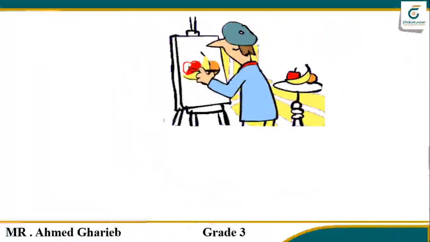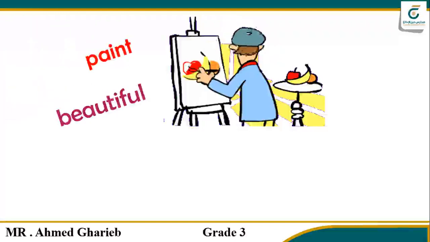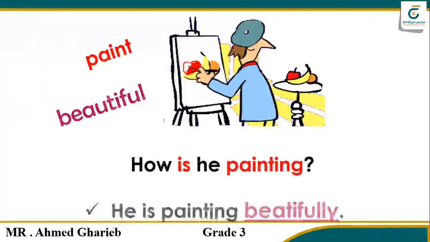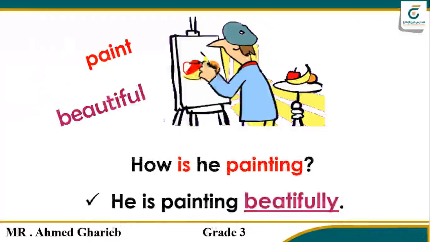Wow, he draws beautifully. Paint, beautiful. So we want to describe the verb paint. How do we get the adverb from the adjective beautiful? By adding ly. So he is painting beautifully. Okay, excellent, well done.